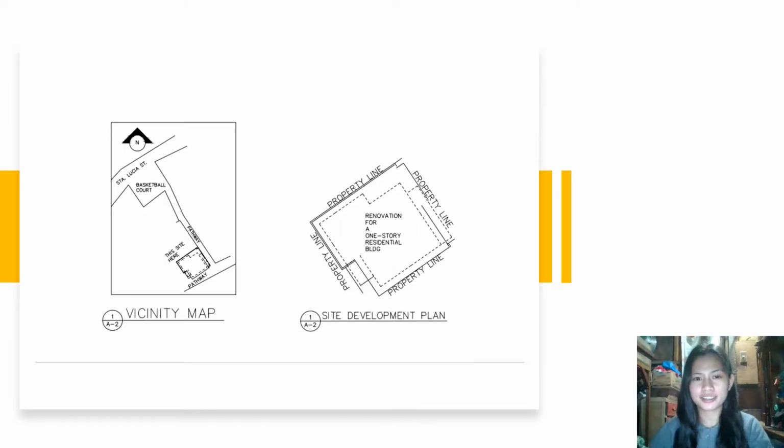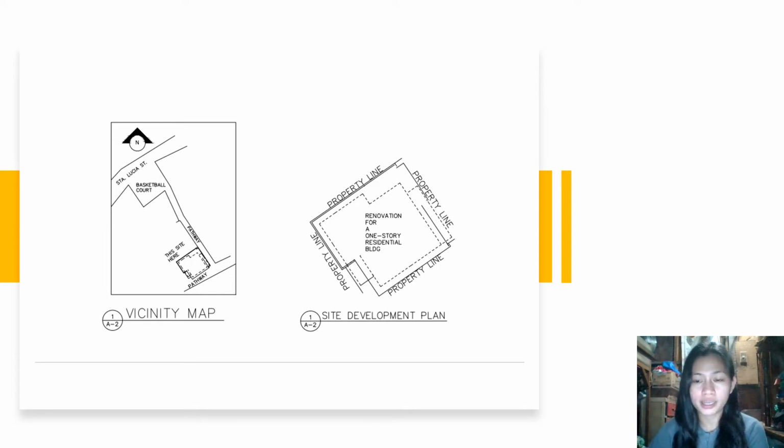On this first slide, as you can see, we have the vicinity map and the site development plan. In the vicinity map, you can see the location of our house. From the basketball court, we are located on Santa Lucia Street, Barangay Centro, Aldao, Davao City.